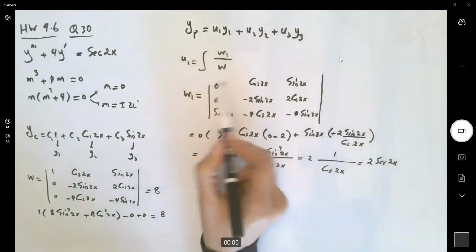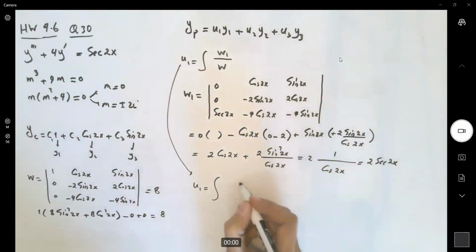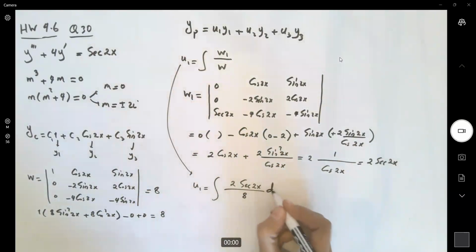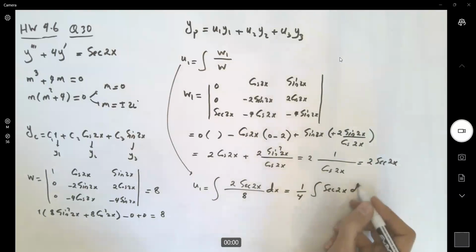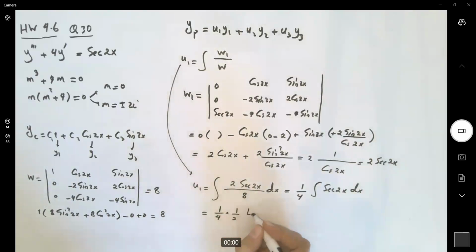So now we just substitute this into the integral and solve it. u1 is the integral of 2 secant 2x divided by the general Wronskian, which is 8. So we have one fourth the integral of secant 2x dx. As you remember from Math 1b, this becomes one fourth times a half ln of the absolute value of secant 2x plus tangent 2x.